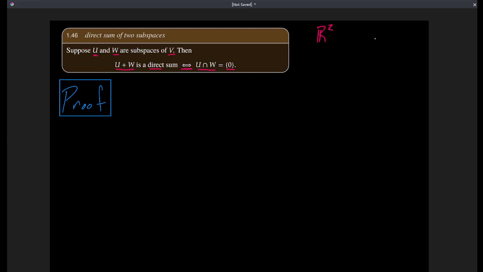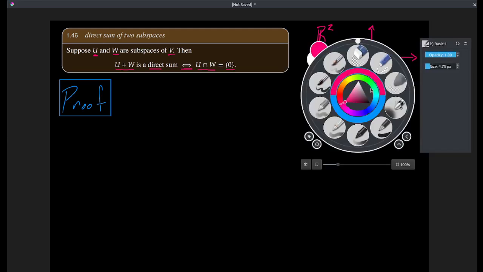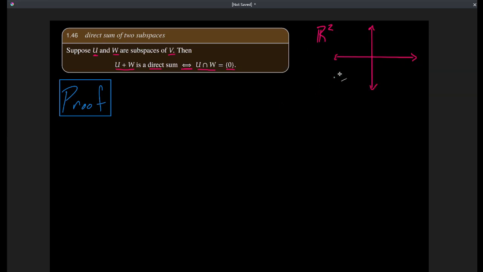Let's look at R2. Here, I'll even try to use straight lines here. Okay, here's R2 in a nutshell, right? Just imagine like the plane. Okay, I'll draw two different things that we already know are subspaces since we know the basics, right? A subspace here will look like some kind of a line.